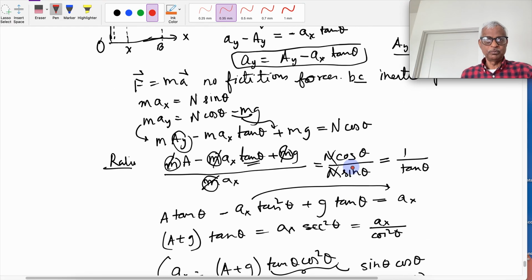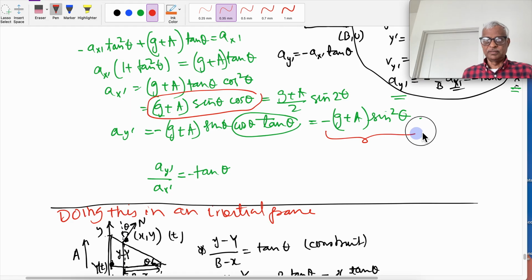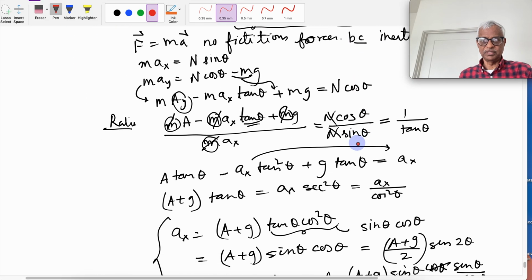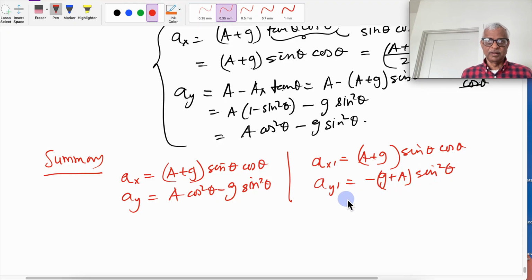AY prime is this instead. So it's minus G plus A sine square theta. So we can write down minus A sine square theta minus G sine square theta.